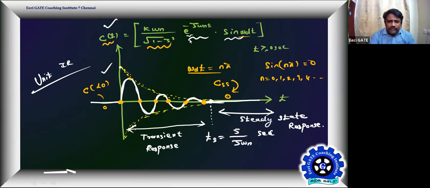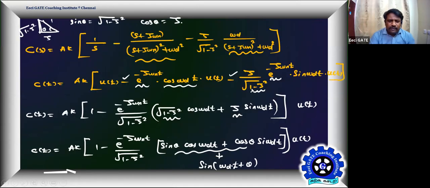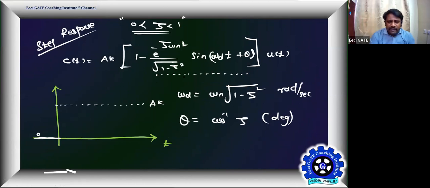That is going to die out. So the transient part is decaying oscillations, and you are subtracting the decaying oscillations from 1. That is your resultant response. So oscillations will decay, and finally the response will reach AK.